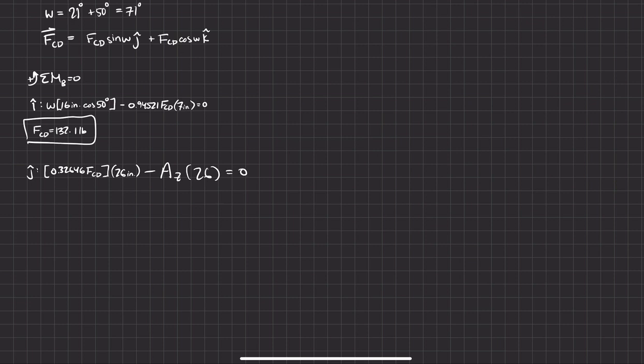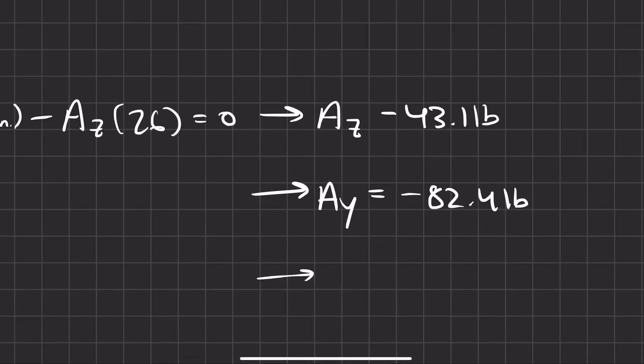We found FCD in the last part, which means we can solve for A of Z, which is equal to negative 43.1 pounds. We can do the same thing in the K component, where we'll have an equation that we can solve for A of Y, which will give us negative 82.4 pounds. And as we can see from this I component equation, there's no contribution from A. So we know that A of X is equal to 0 pounds.